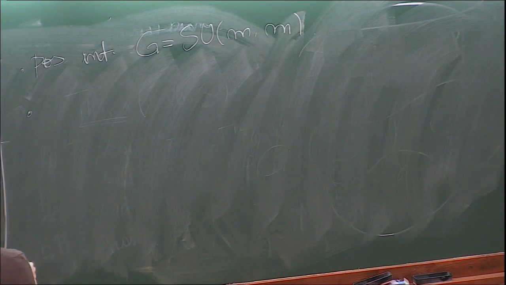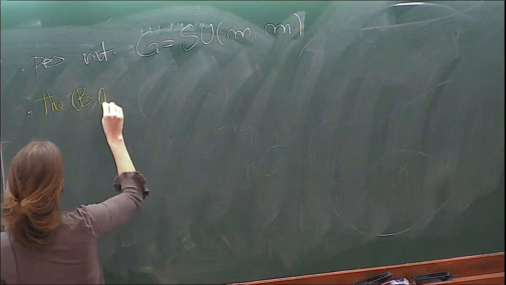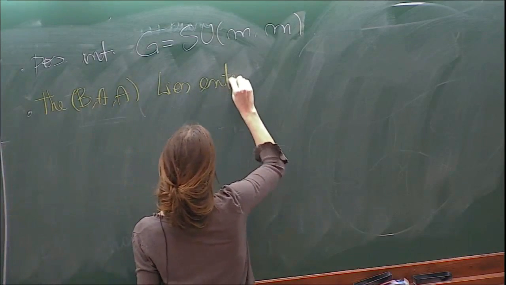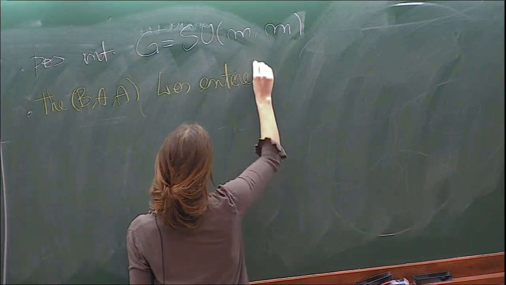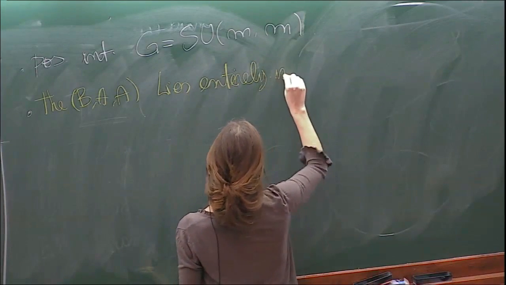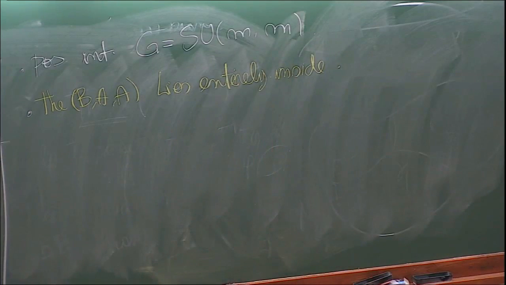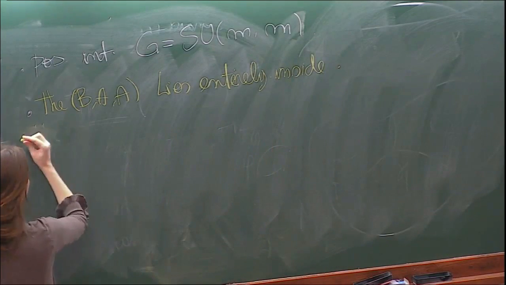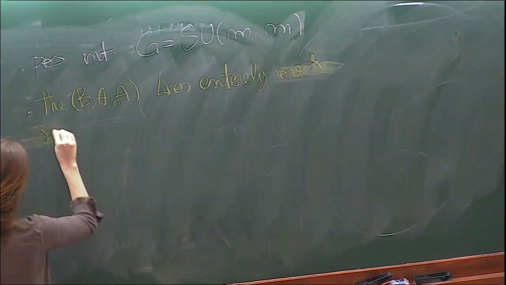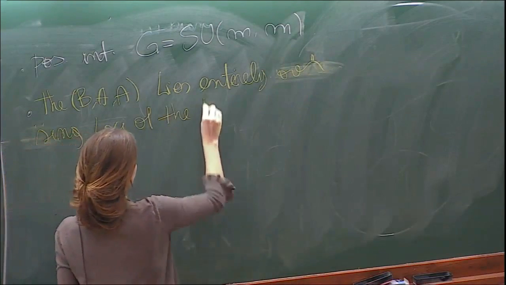So the last case was when the BAA brane lies entirely inside the singular locus of the Hitchin fibration, or lies over singular loci of the Hitchin base.